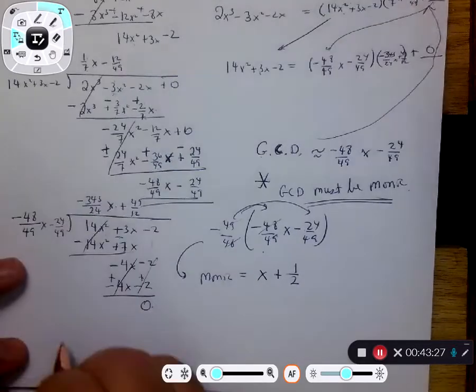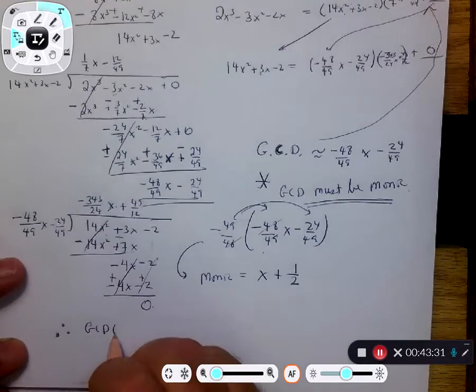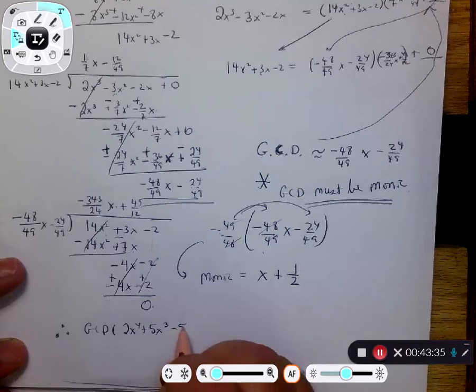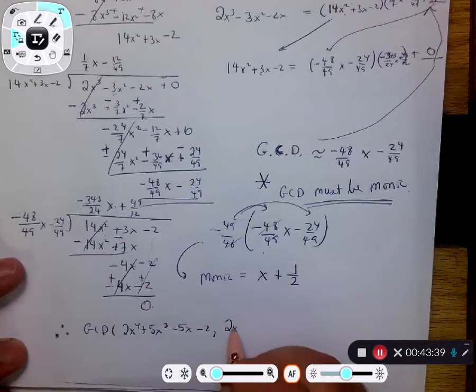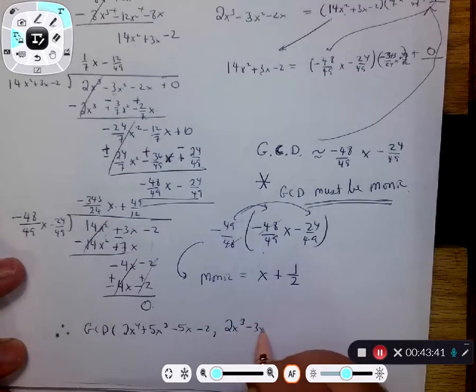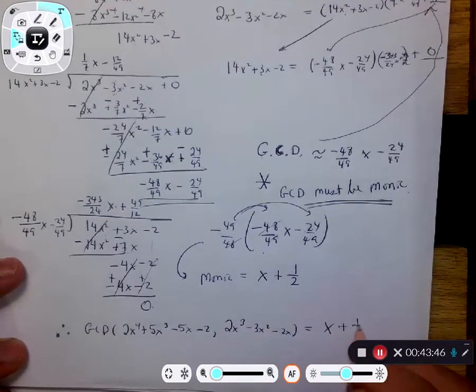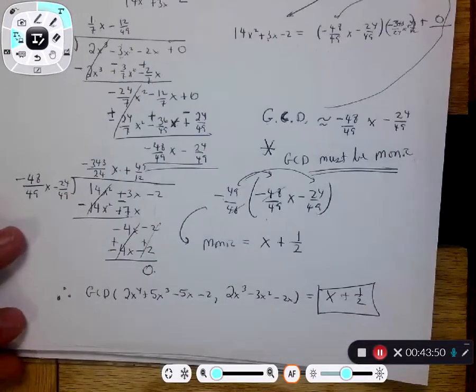So therefore, the GCD of 2x to the fourth plus 5x cubed minus 5x minus 2, and the polynomial 2x cubed minus 3x squared minus 2x is equal to x plus 1/2. There is my GCD.